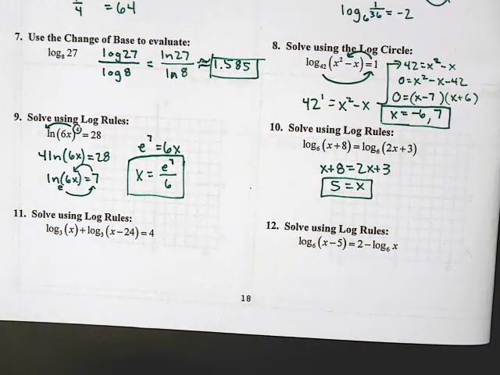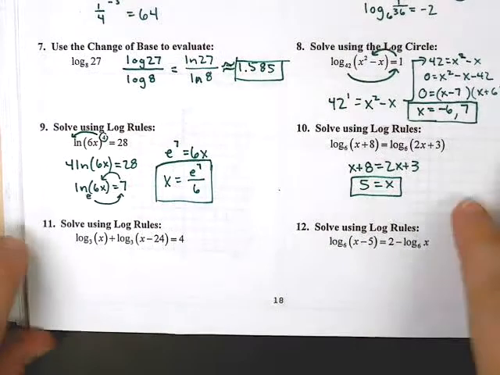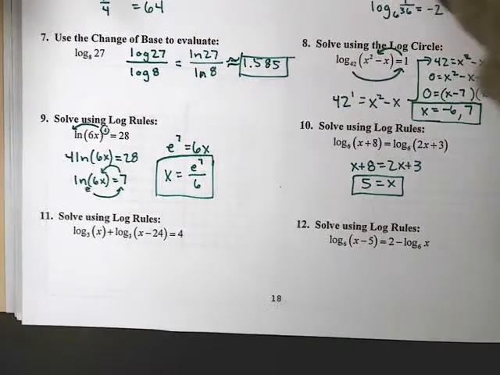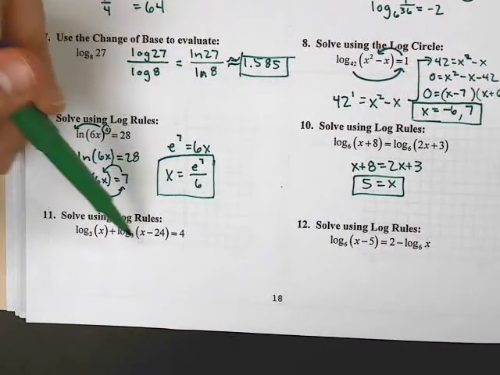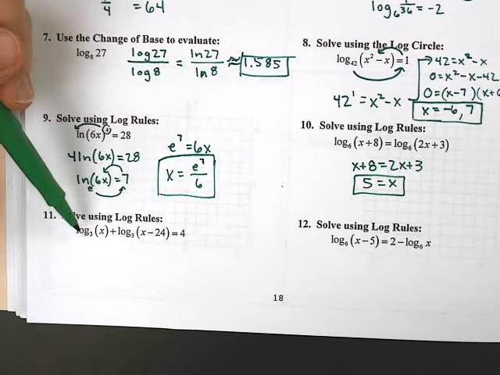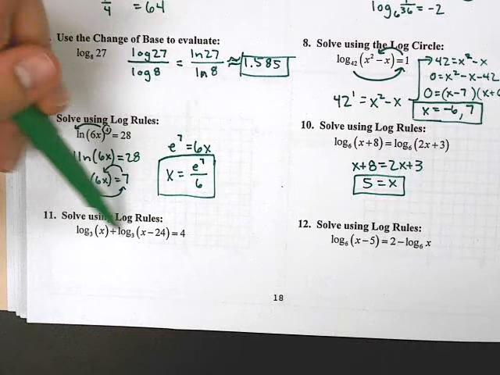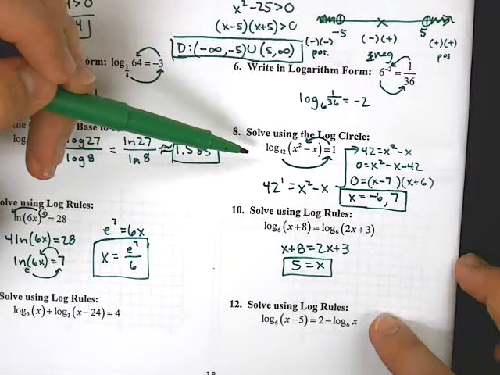Alright, last two, probably the most difficult, but again, nothing impossible. You can do these. In both of these, what I need you to recognize is that I technically have 3 pieces, 2 of which are logs, so I need to combine these 2 logs into 1 in order to be able to use a log circle.